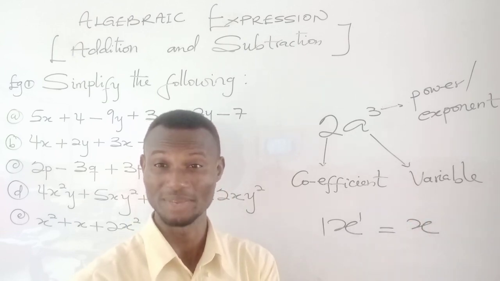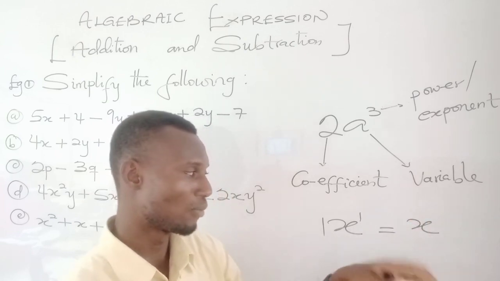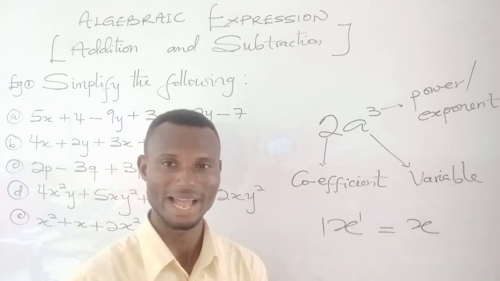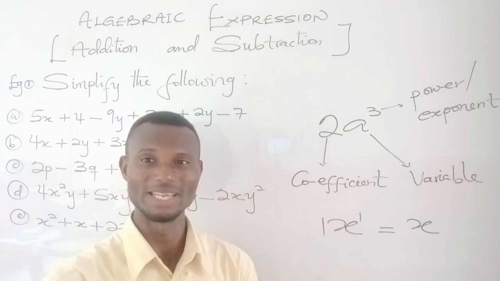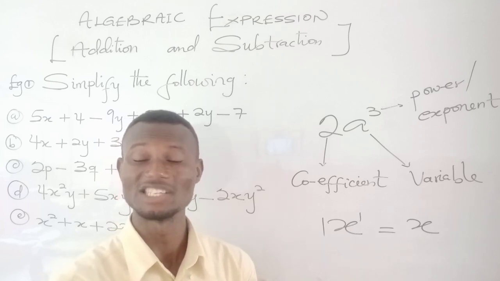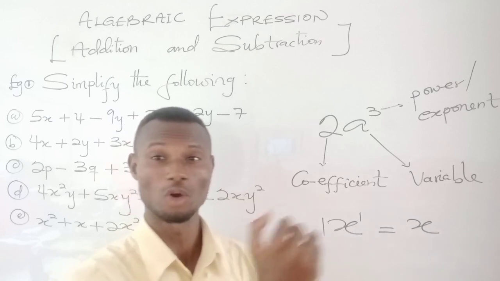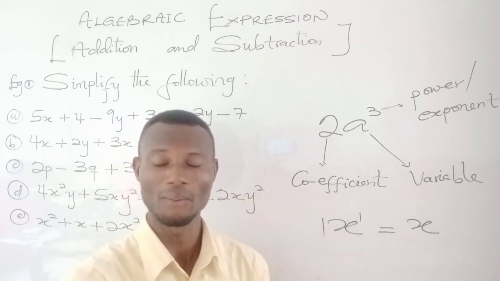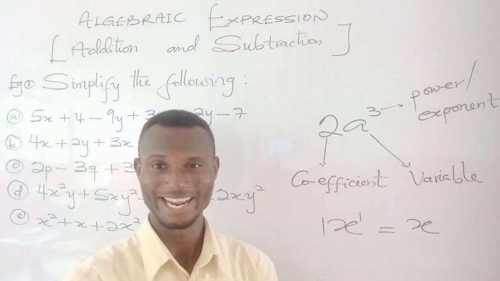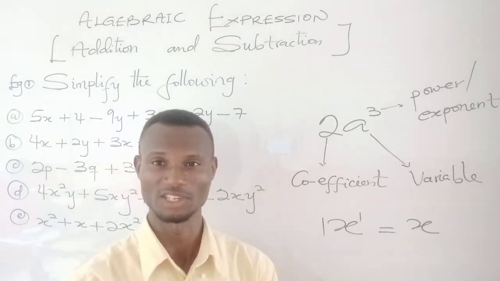But you have to keep in mind that when the variable is standing alone with no specified number in front of it, it means the coefficient is 1. And when there is no specified number on top of it too, it means the power or the exponent is also 1. I hope the explanation is clear enough up to this point.